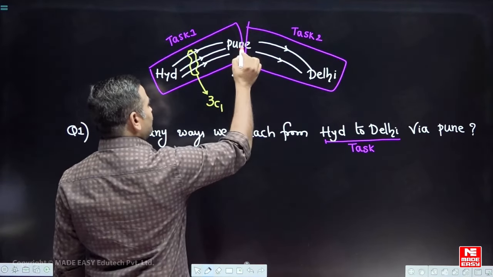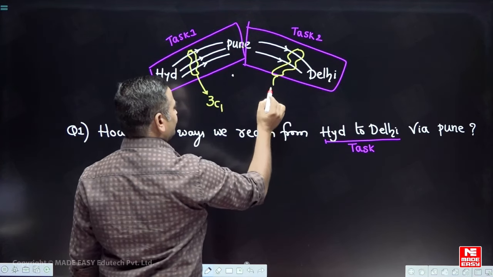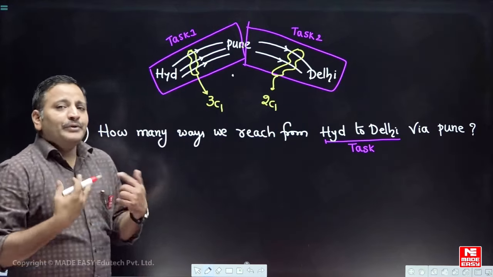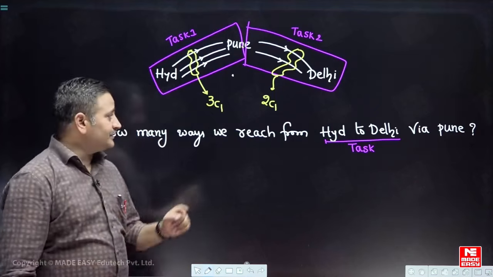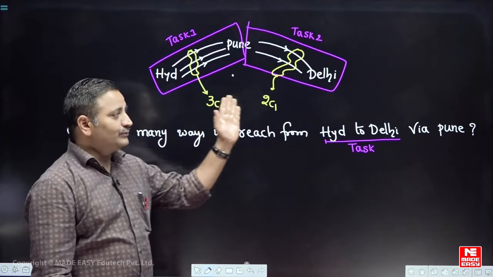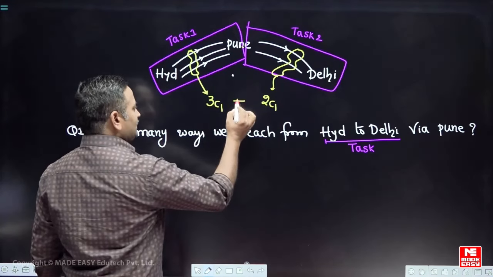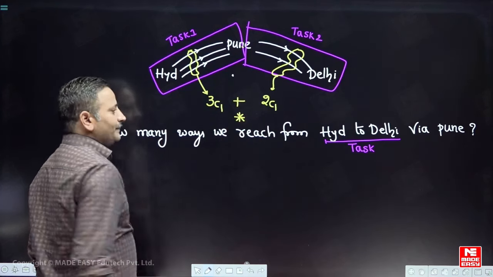Similarly, after reaching Pune, from Pune to Delhi, I can choose one path, friends. That is 2C1. Now, what is your answer for this question? Is your answer 3C1 plus 2C1, or is your answer 3C1 into 2C1?